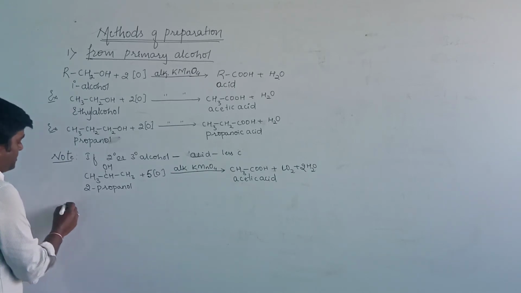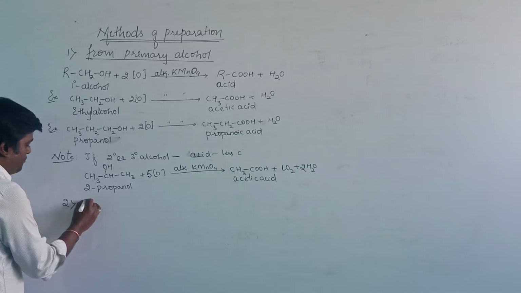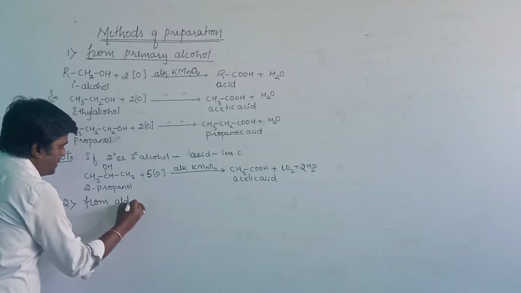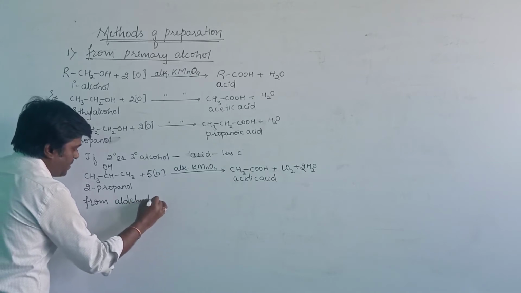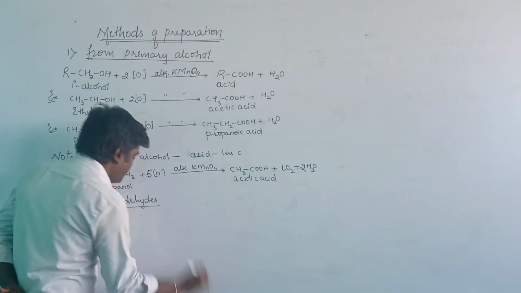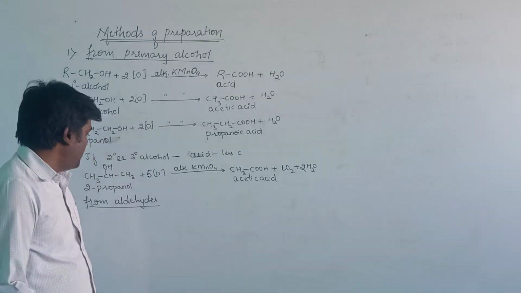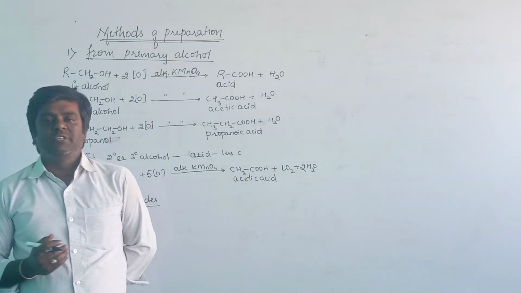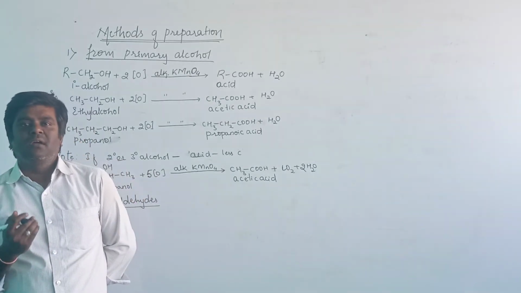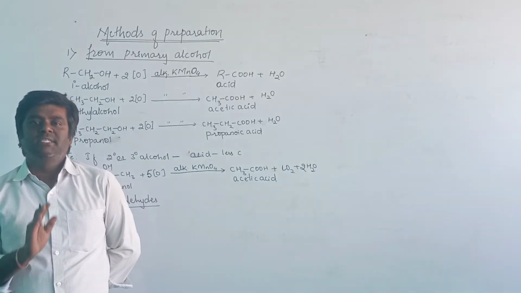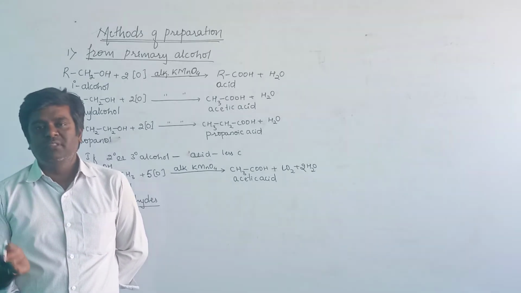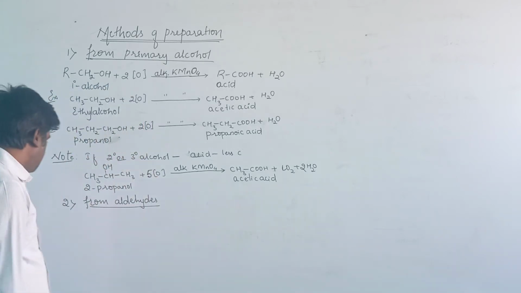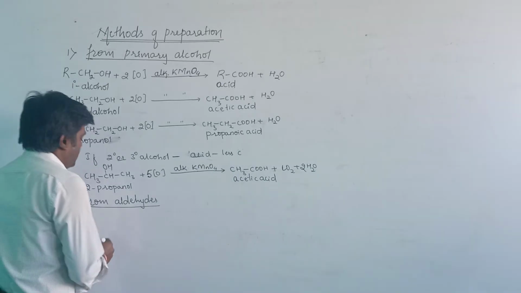Then the second method is from aldehydes. From aldehydes we can prepare carboxylic acid. Aldehydes undergo oxidation in the presence of alkaline potassium permanganate or acidified K2Cr2O7, then it will give the respective carboxylic acid. Let us see the general representation for this reaction.